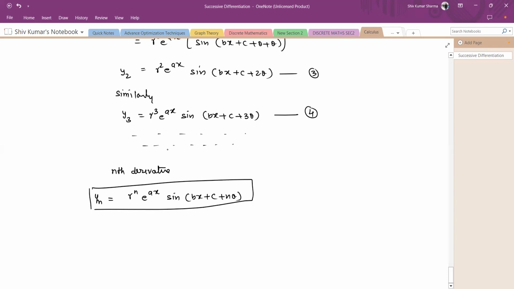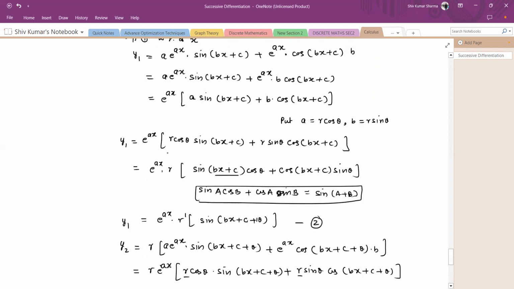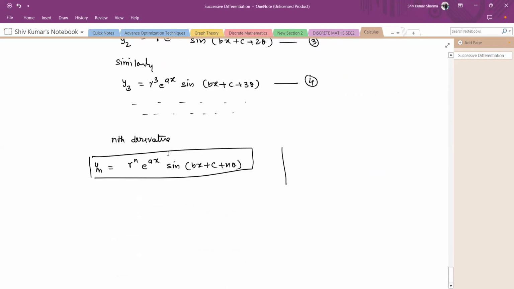Now we replace the values of a and b in terms of r and theta. So here we substitute the value a equal to r cos theta. Now we remember this one: a is equal to r cos theta and b is equal to r sin theta.